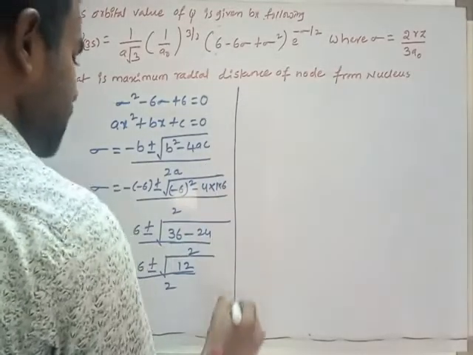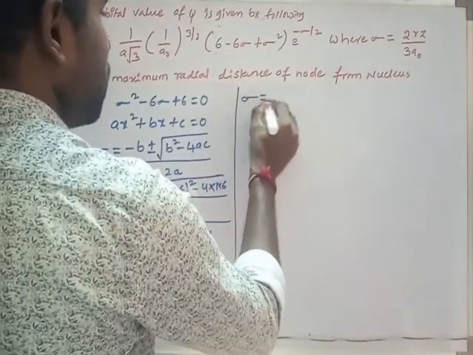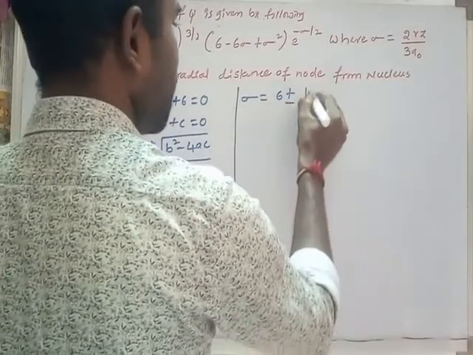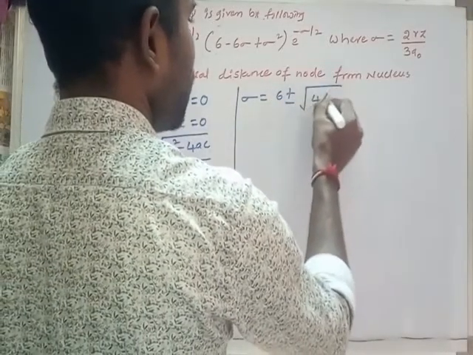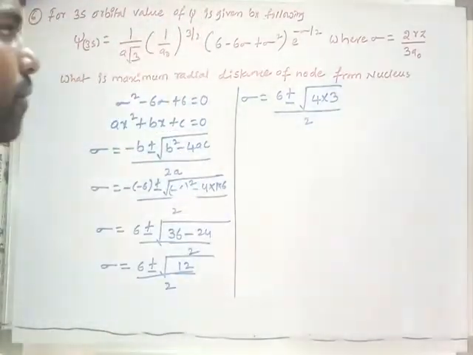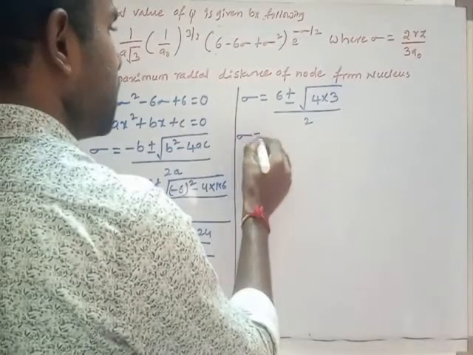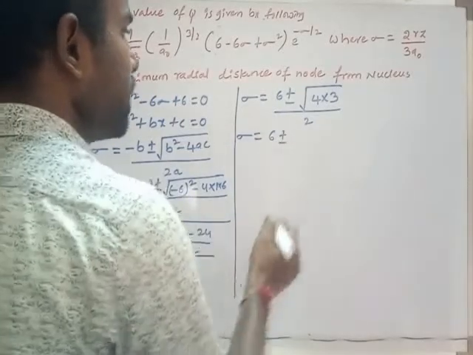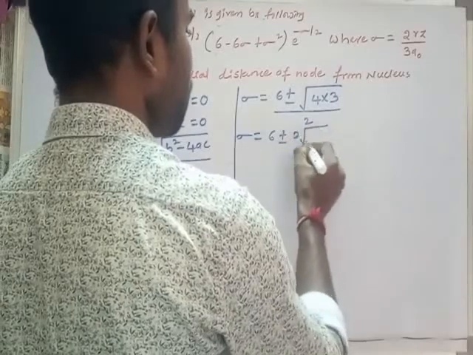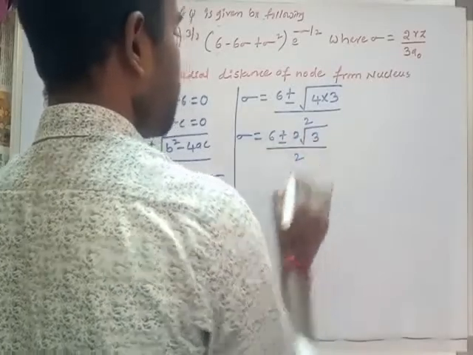Now from this, sigma equal to 6 plus or minus under root 4 into 3 by 2. 4 into 3 equal to 12. We can write it. Next, sigma equal to plus or minus root 4 equal to, we can write 2, 2 root 3 by 2.